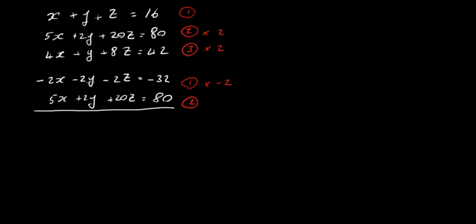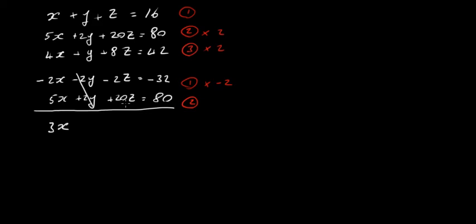Now you'll see here that we have a minus 2y and a plus 2y. So if we add these two here, we'll get 0. So if we add equation 1 to equation 2, here we'll end up with 5x minus 2x, that's 3x. Minus 2y plus 2y will give me 0.